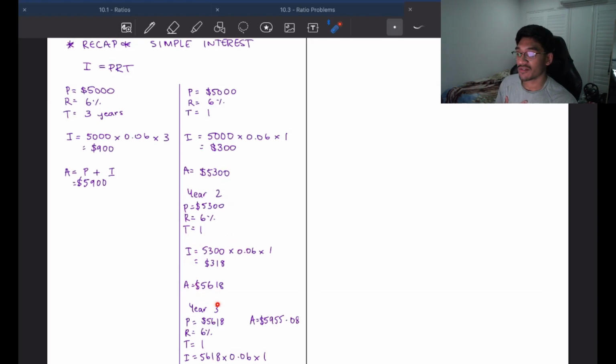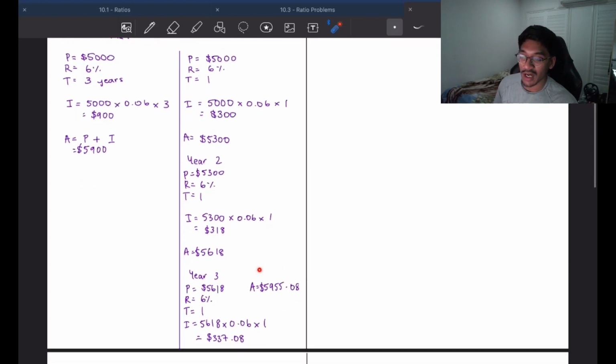After the interest is earned, I've taken that interest out, taken all that money out and put it into a different bank. And you see that after 3 years, I have $5,955.08. So by taking out my money, taking out that interest I've earned, and making my principal higher, you can see that over 3 years, I've earned an extra $55.08.